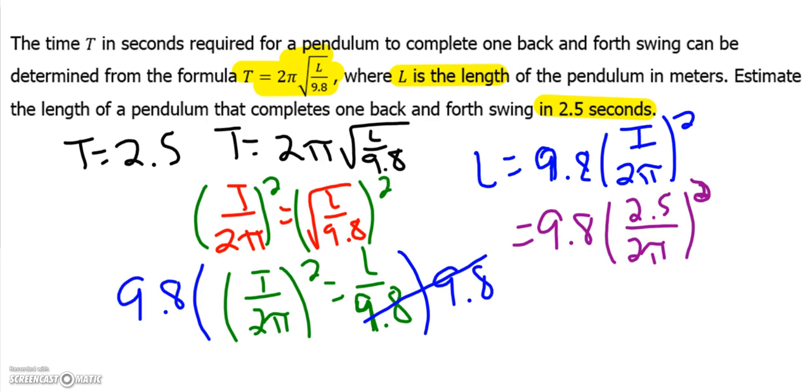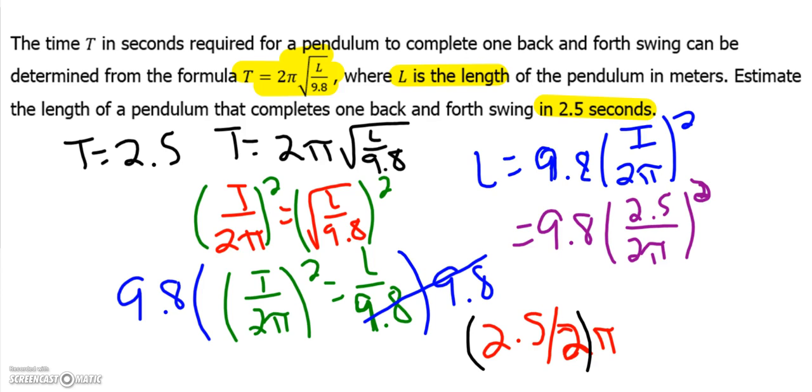is you're going to put in your calculator 2.5 divided by 2, and then you're going to put pi. Okay, what this will do in your calculator, because this is where you're going to screw up, is it's going to take 2.5 and divide it by 2, and it's going to multiply it by pi.